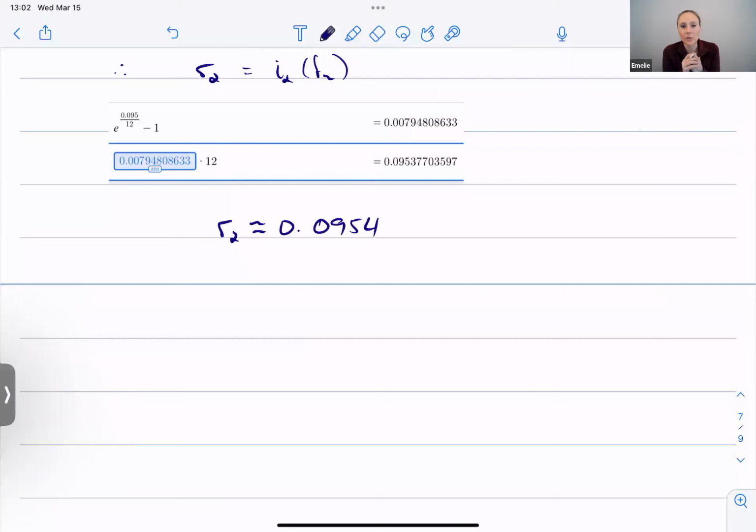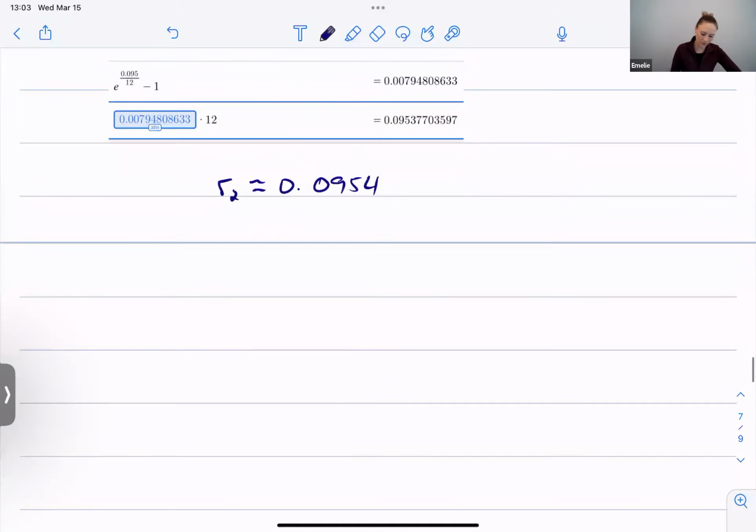What's the last thing that we might want to do here? We've taken any compounding frequency and converted it to a new compounding frequency. We looked at the special case of, if I have a continuously compounded rate and I move to some numerical compounded rate, monthly, weekly, whatever. What if I want to move the other way? What if I want to move from some monthly compounded rate, for example, to a continuously compounded rate?